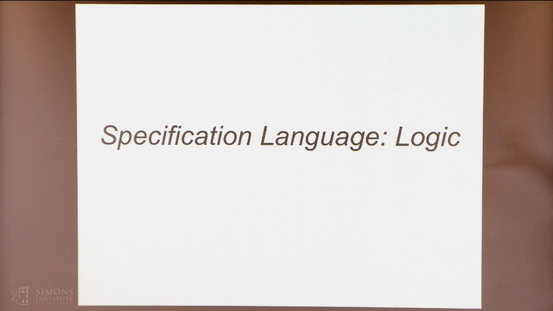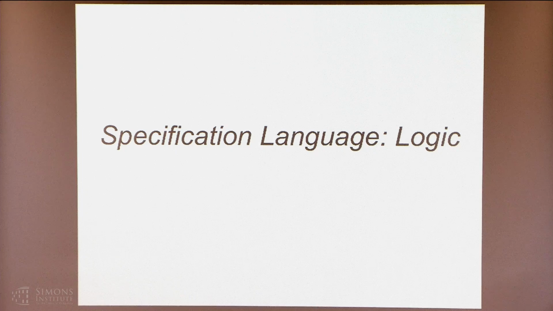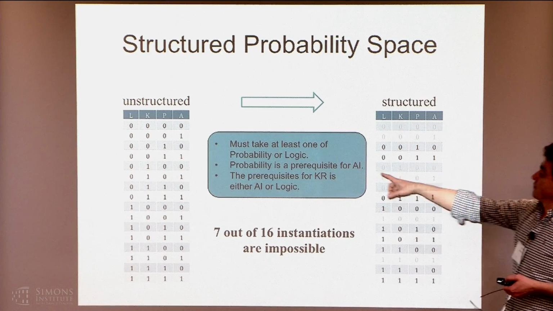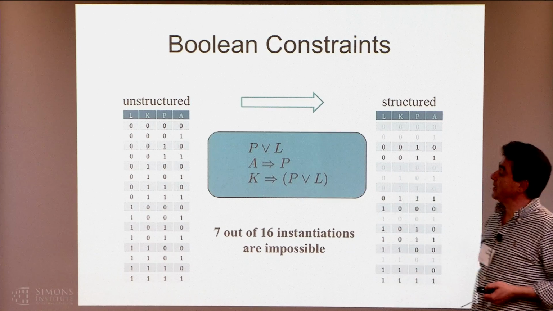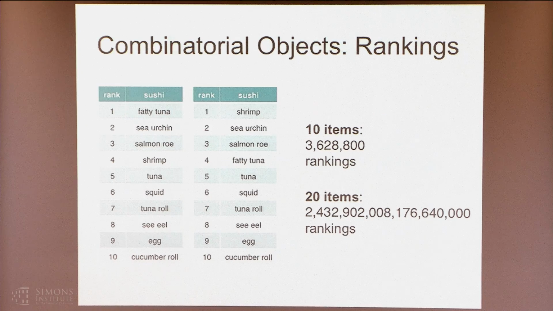So to be clear, logic will be the language to specify this structured space. So in this particular example, instead of this, we will basically have these, and that's what we're going to use for that. Now, let me show you this in detail, the next one, because it's simple, and then I'll run over the other ones faster, which is how we can use this notion of a structured space to learn systematically distributions over combinatorial objects.